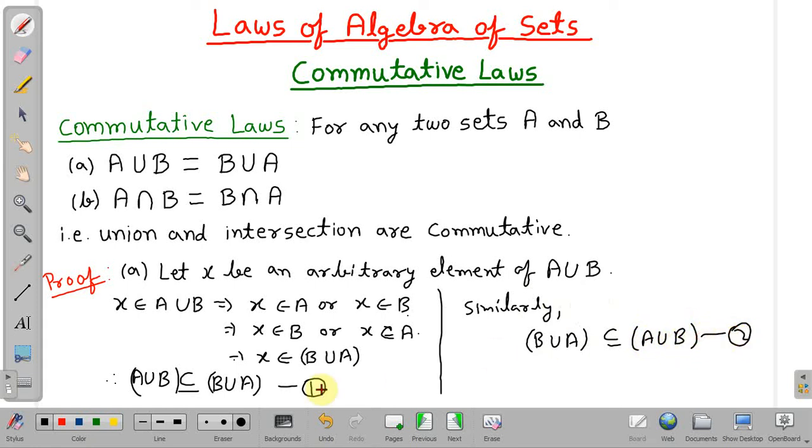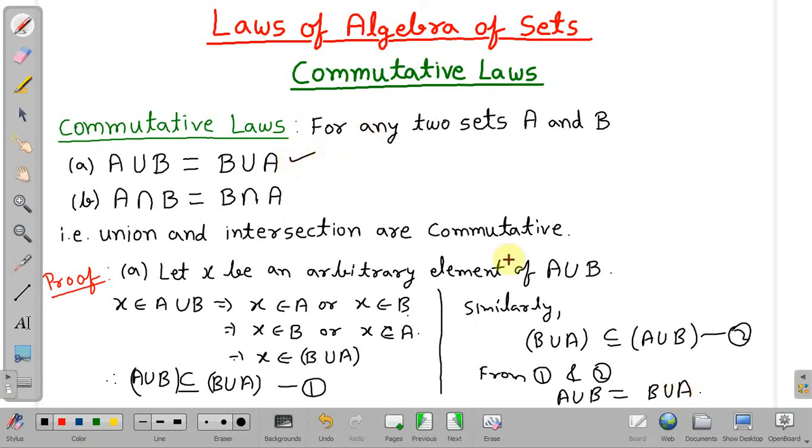Now if we see 1 and 2, from this we can conclude that A union B is equal to B union A, which is nothing but this law.